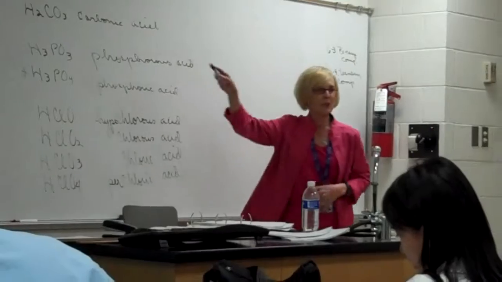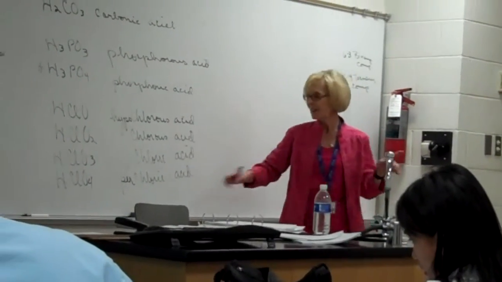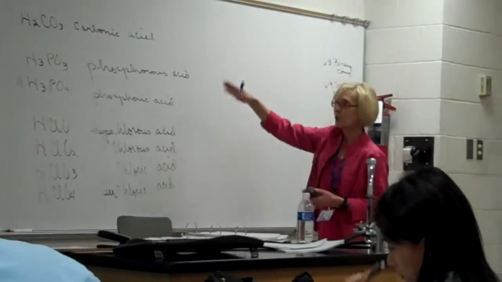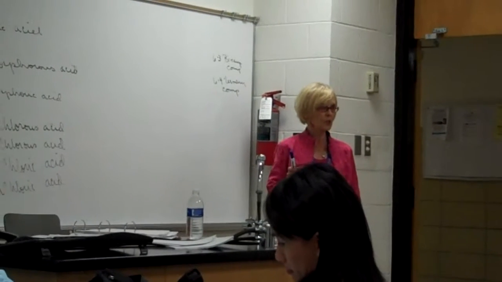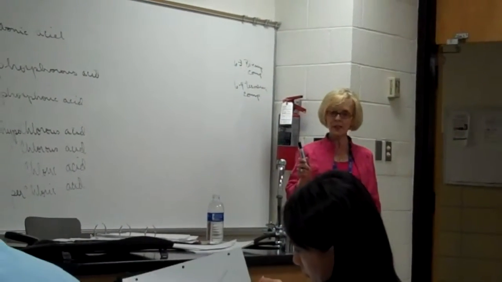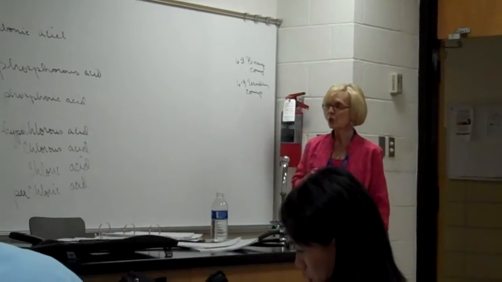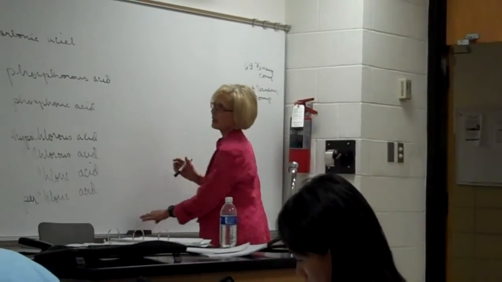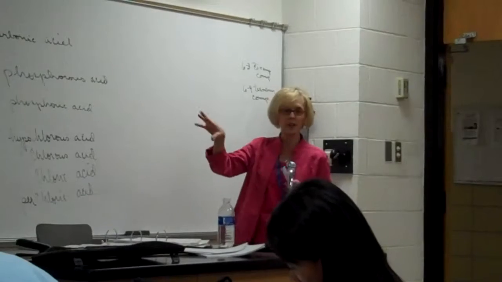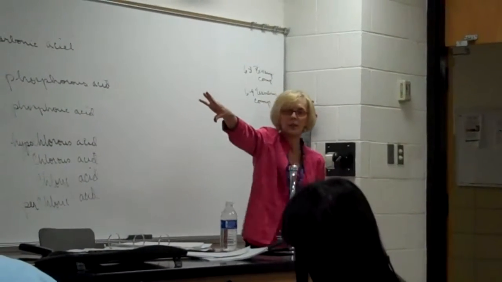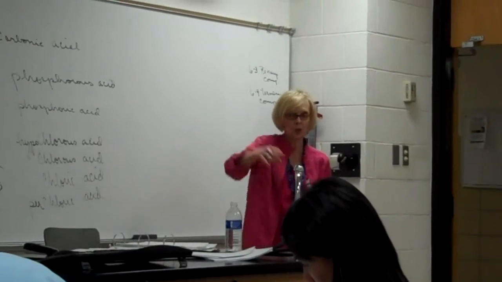Okay, so, nomenclature. One last thing. Those were the ternary acids that you're responsible for. One last category, ternary salts. What we do to make our ternary salts, and I'm going to have a list over here, and what I'm going to write here is also on that list in your book.